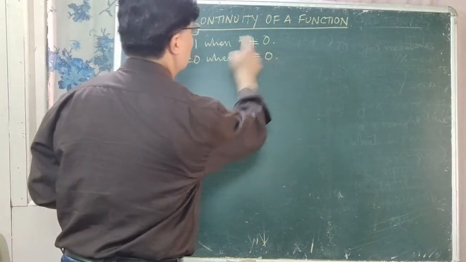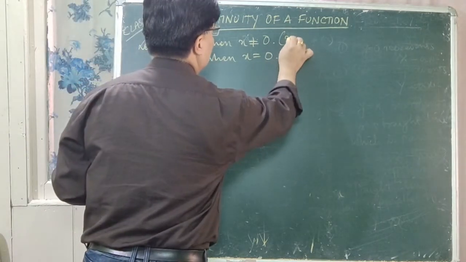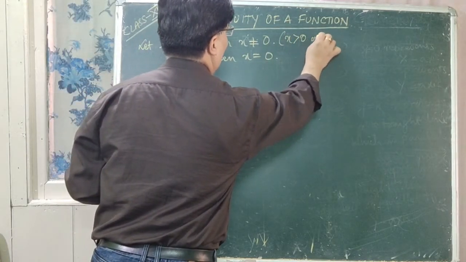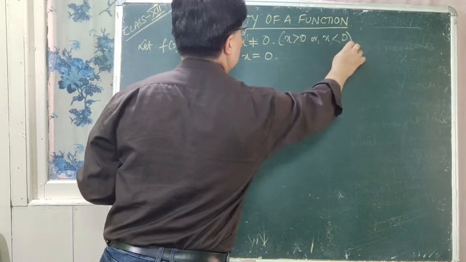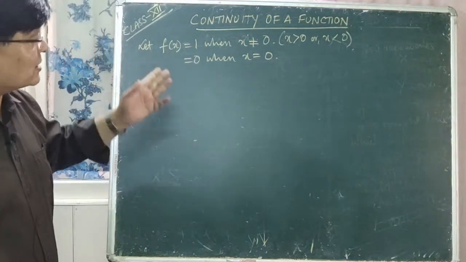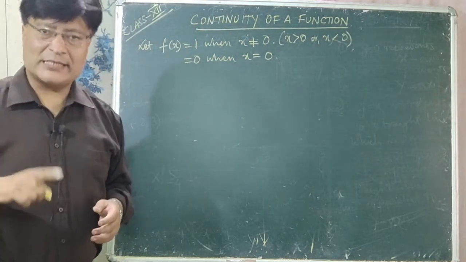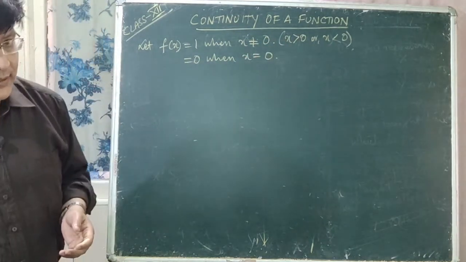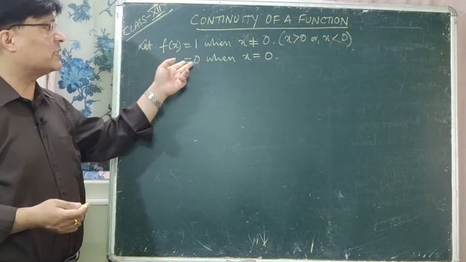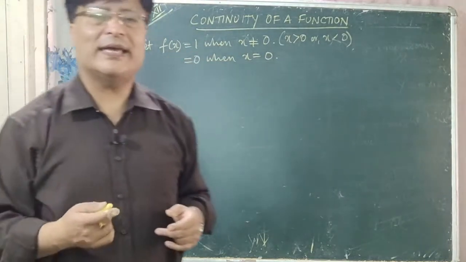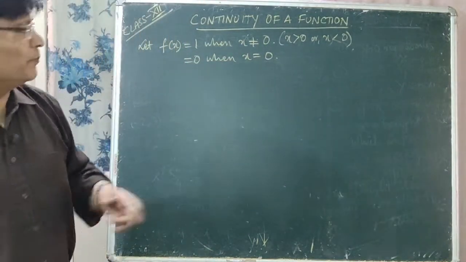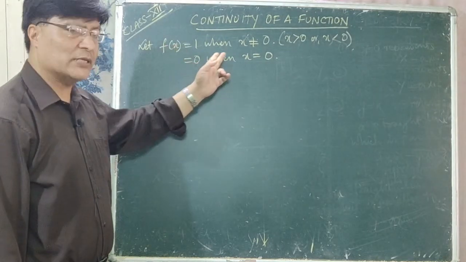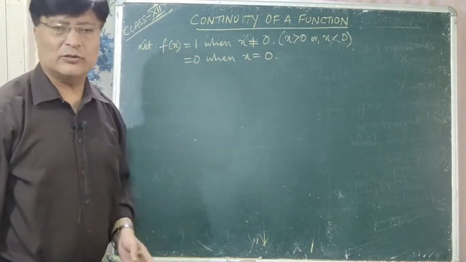So x not equal to 0 means either x greater than 0 or x less than 0. You know that x greater than 0 means positive and x less than 0 means negative, isn't it? So f of x is equal to 0 when x is exactly equal to 0.